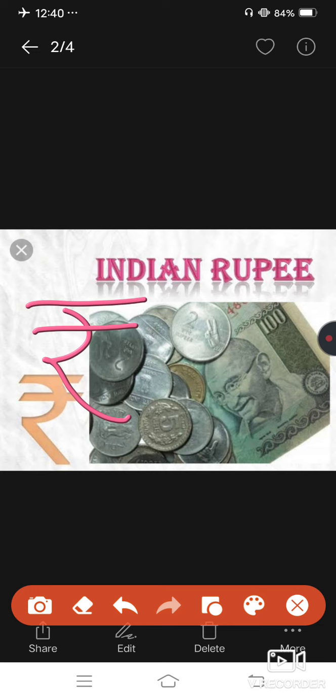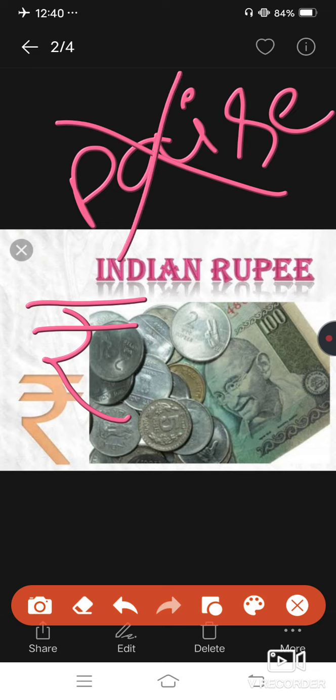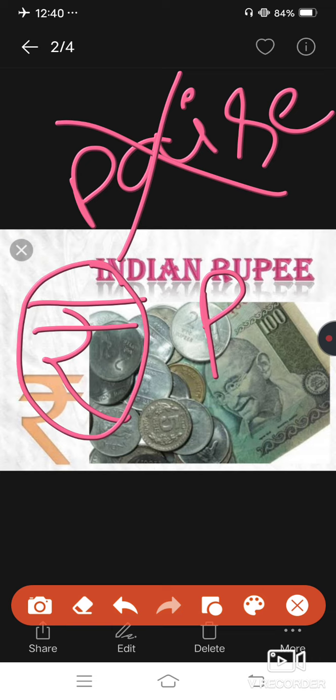Okay, and to denote paise, we don't need to write full paise. We will write only P. In short, we denote rupees as this symbol and paise like this.